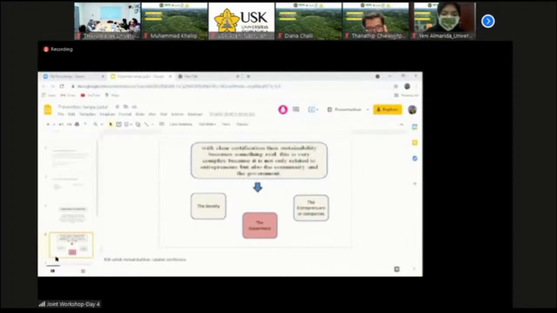The government must support it with strong regulation. And the entrepreneurs or companies must obey the rules. Regular monitoring is also a main thing that can be done by the government, and society also plays an important role. I think that's all about sustainable certification.